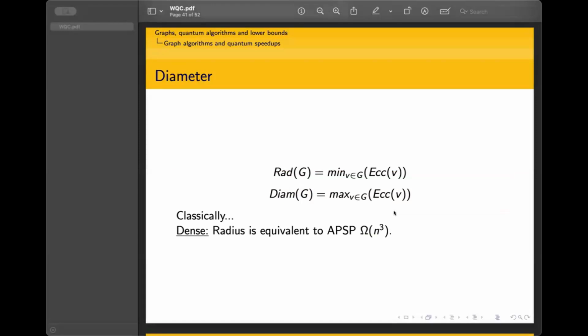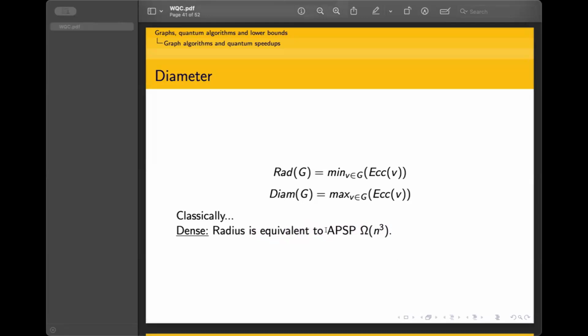And interestingly, this is a very big result. It has been shown that radius on dense graphs is as hard as all pairs shortest paths. So is it obvious that it is true? Normally you'd think, how can you solve radius or diameter?